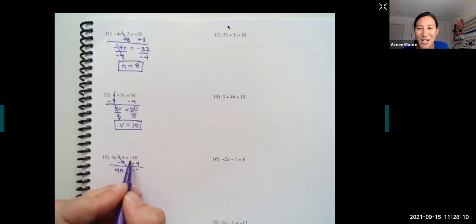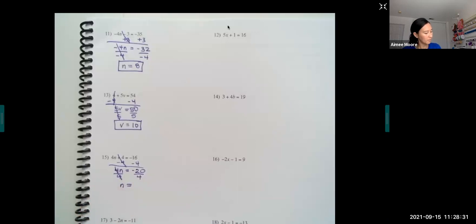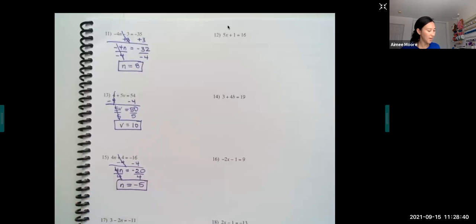Oh, you're close. So since they're both negatives, we're going to add them and keep the sign. So it would be -20. Okay. And then you're going to divide it by 4 and divide 4n by 4 itself. Very good. And you're going to get -5. Yep, that's exactly right. Very good.